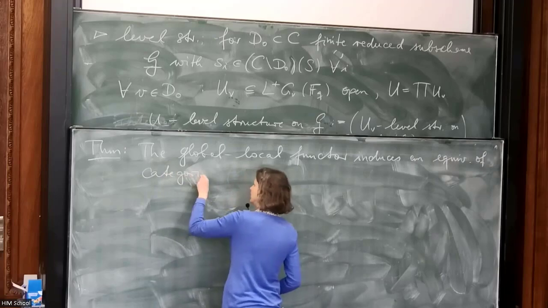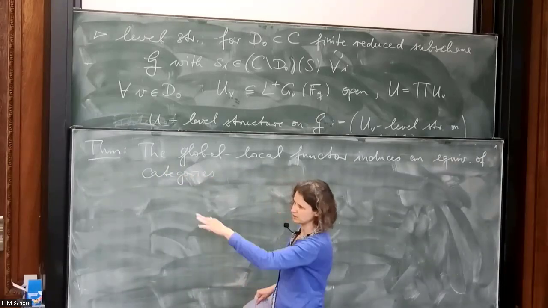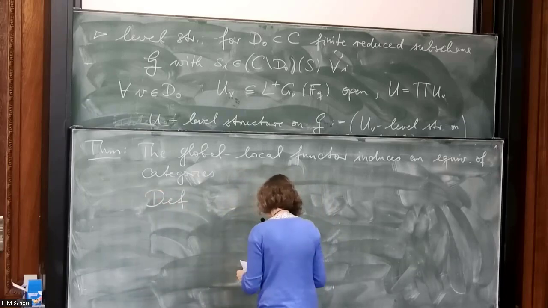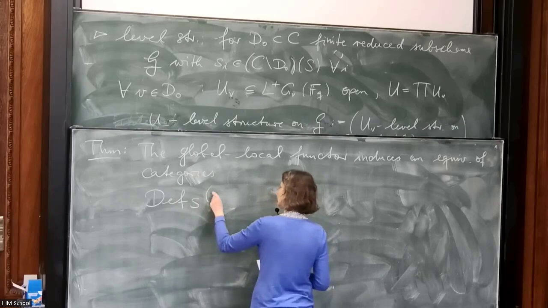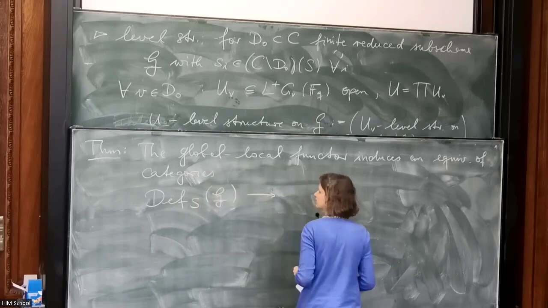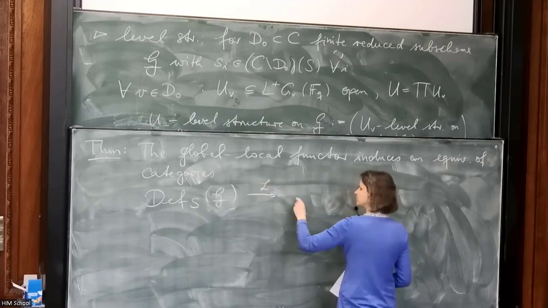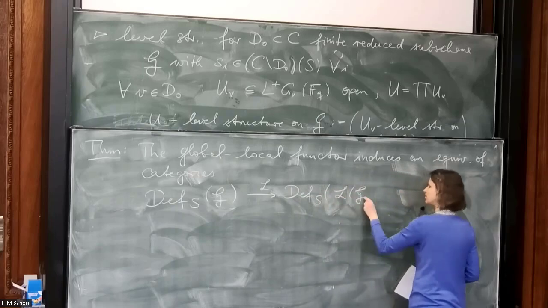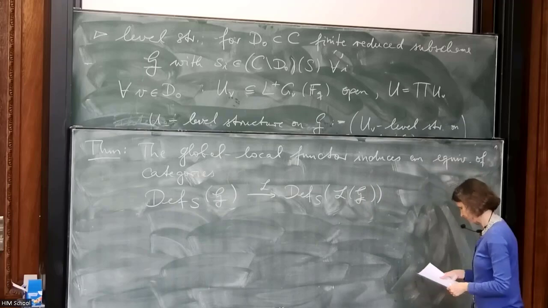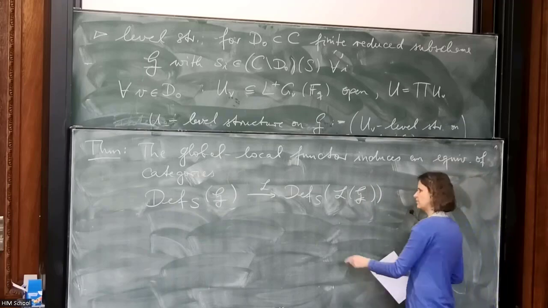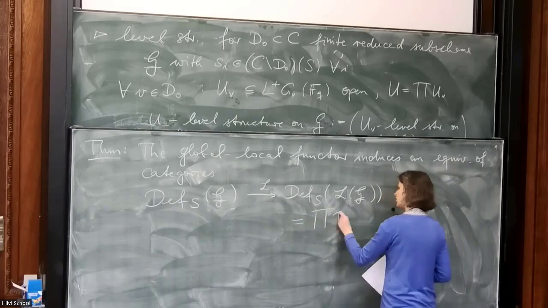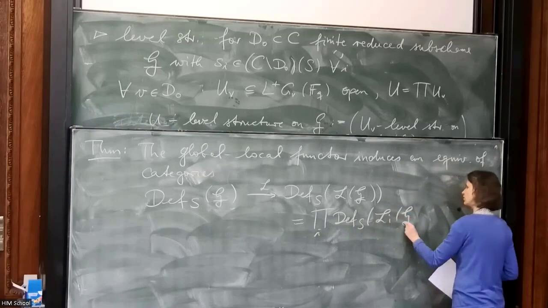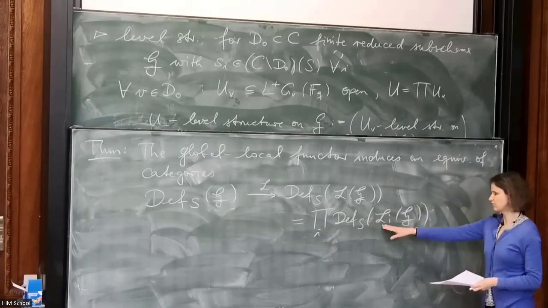I introduced everything on the other board, so it just induces an equivalence between these two deformation categories, Def to S of G, and then you have this global local functor here, Def to S of L of G. This is the product over i of Def S of the L_i of G. So here you really have all the deformations.